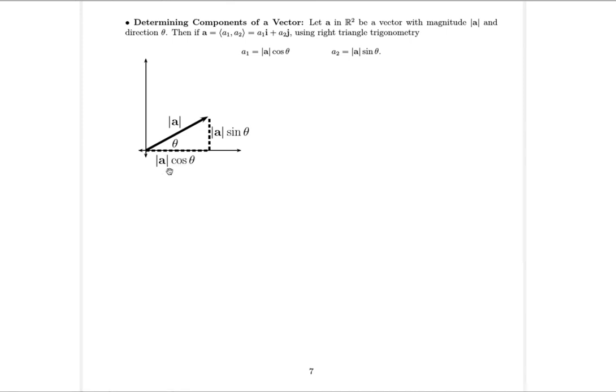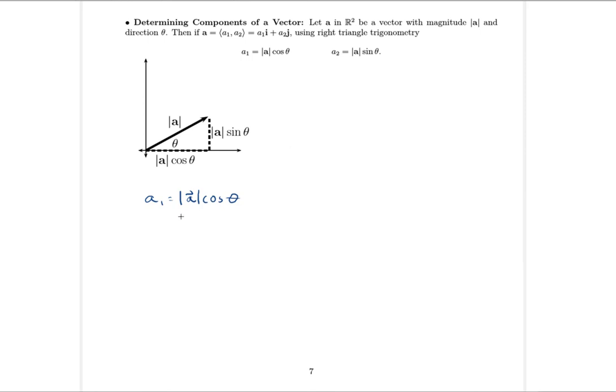Then what we know is that the x component of this vector is always the magnitude of the vector times the cosine of the angle. And of course, the reason for that is, we know that the cosine of theta is the adjacent over the hypotenuse, right?